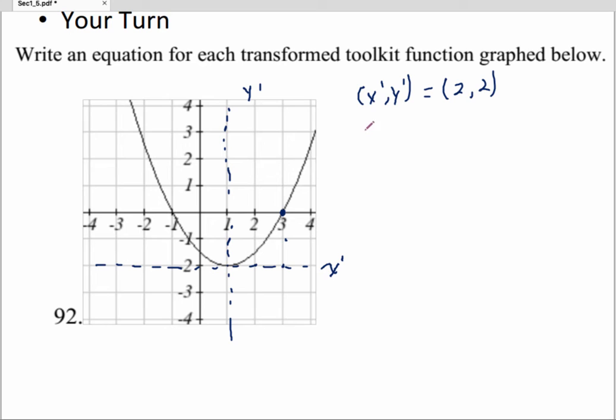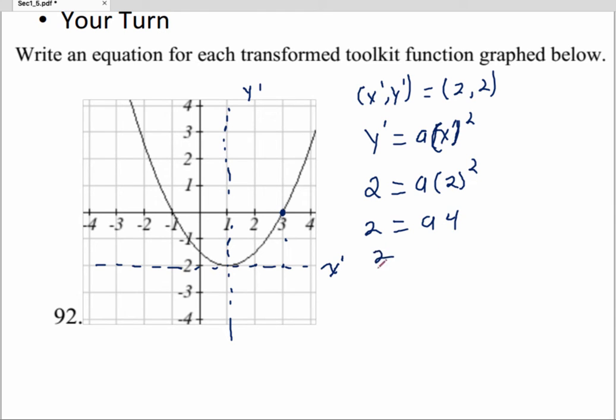Because I know that y prime is equal to a times x prime quantity squared. That's parentheses, those aren't absolute values, okay? So in other words, I know there's some scaling factor that squished or compressed or stretched my particular function. Okay, so let's go see if we can figure out what that value is. We're going to put in 2 is equal to a times 2 squared, which says that 2 is equal to a times 4, which says that what? 2 over 4 is equal to a, which is my scaling factor.